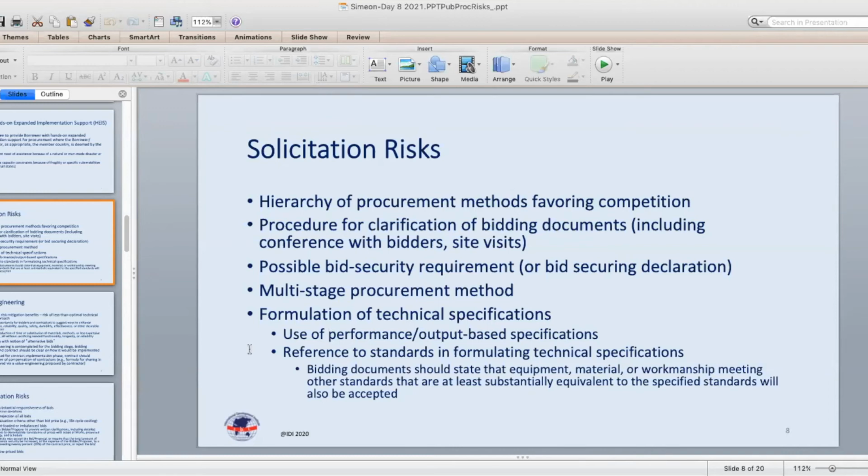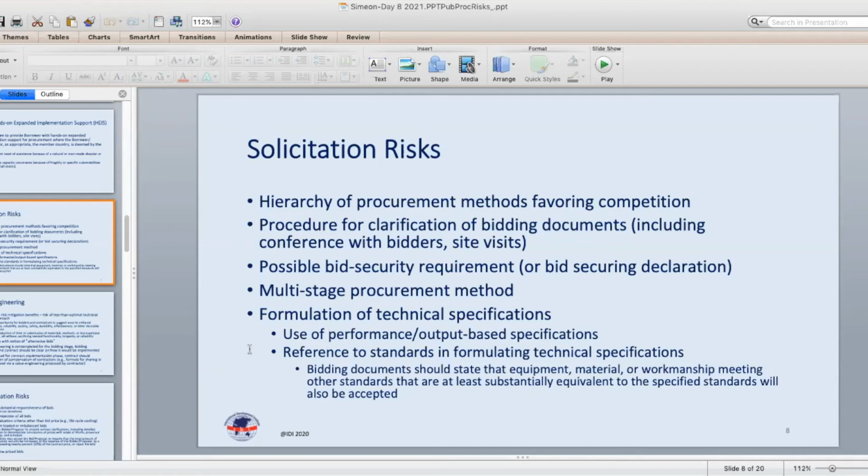Rather, it may be advisable for the procuring entity to get feedback from the bidding community as to various possible ways in which the procurement need can be addressed, can be solved. And that's where multi-stage procurement methods come in.